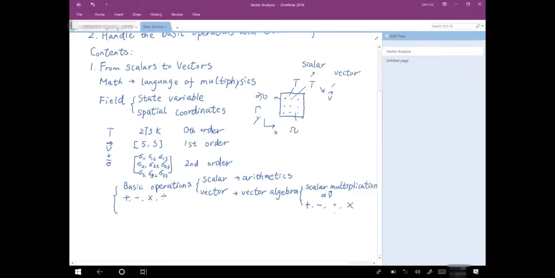These are the basic operations. In addition to the basic operations, there's another big category of operations with vectors and higher order tensors. Those operations are usually used to describe the change of state variables. They're not the basic operations, they talk about change. For the change of a scalar, that is what we learned in calculus.